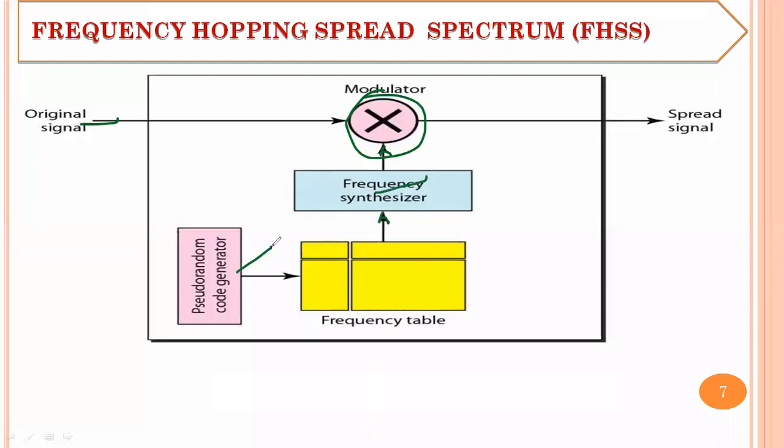So the frequency table uses the pattern to find the frequency to be used for this hopping period and passes it to the frequency synthesizer. The frequency synthesizer creates a carrier signal of that frequency, and the source signal modulates the carrier signal, and that will be spread over the link. Clear?